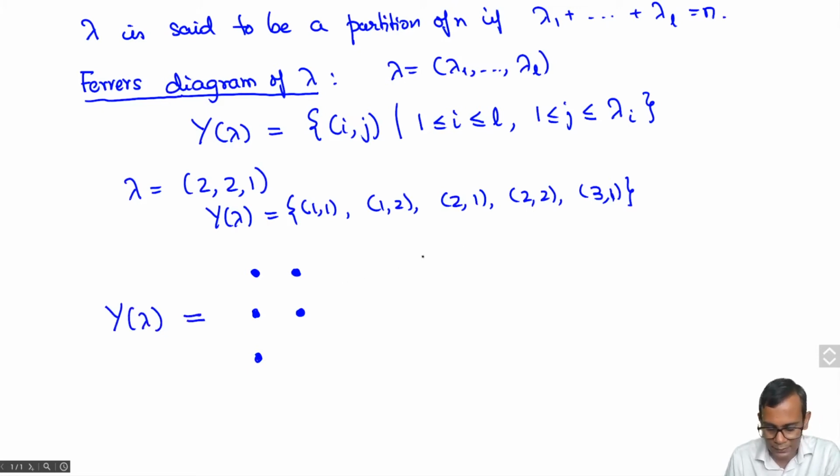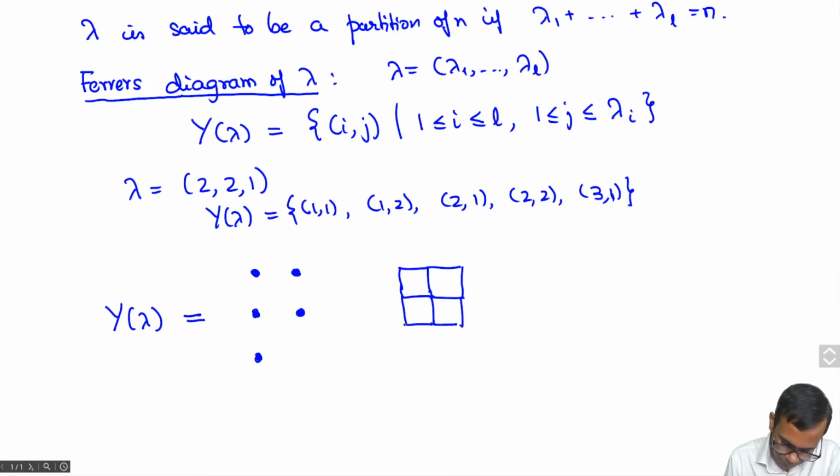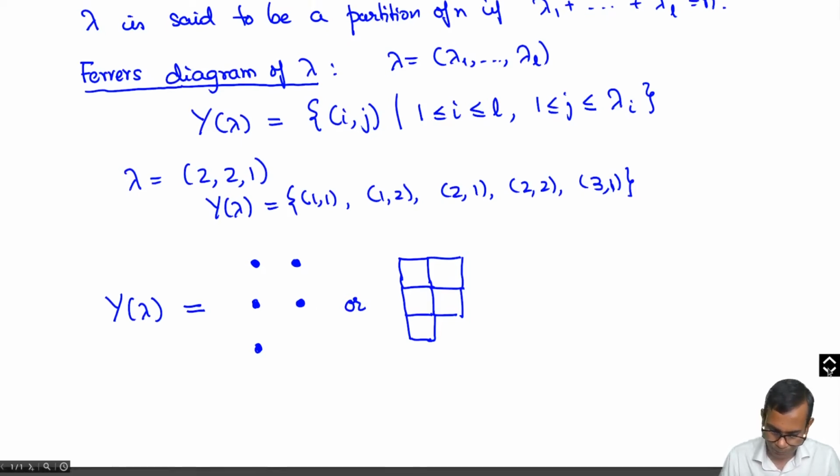Sometimes we replace these dots by boxes, particularly because we like to put numbers inside them. And this is called the Young diagram. But for now, let's just use this dot notation. So this is your visualization of an integer partition. You have a left justified array of dots with lambda i dots in the ith row.